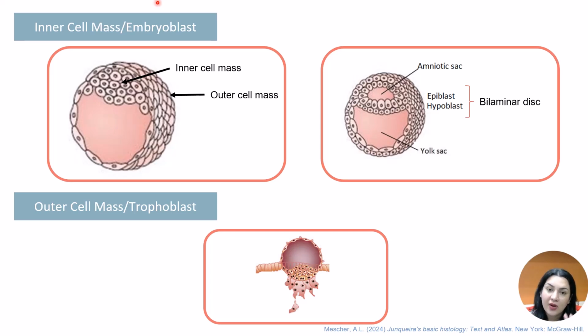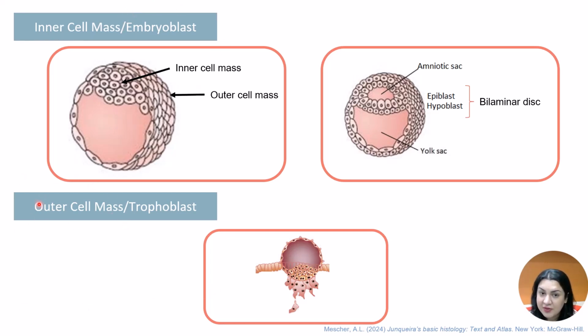So these cells are going to remain totipotent for a few days, and then ultimately they're going to be able to choose their path, and they're going to specialize into a specific lineage of cells. That's what's happening with the inner cell mass or the embryoblast.